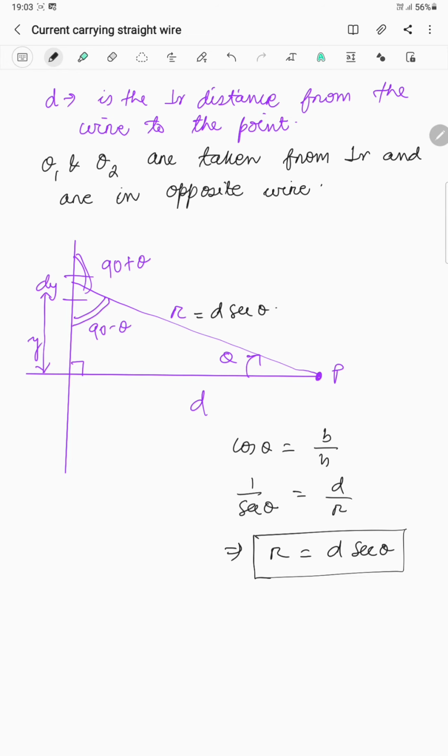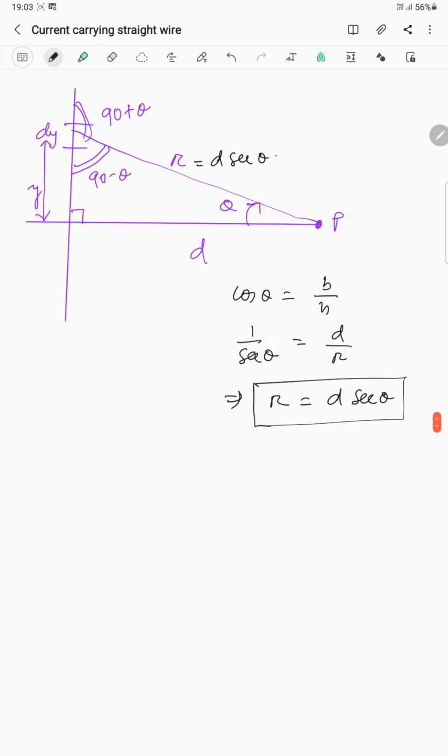Now once we have found all this, let us apply Biot-Savart's law. Due to the dy current element, what will be the magnetic field dB, and what is its formula?